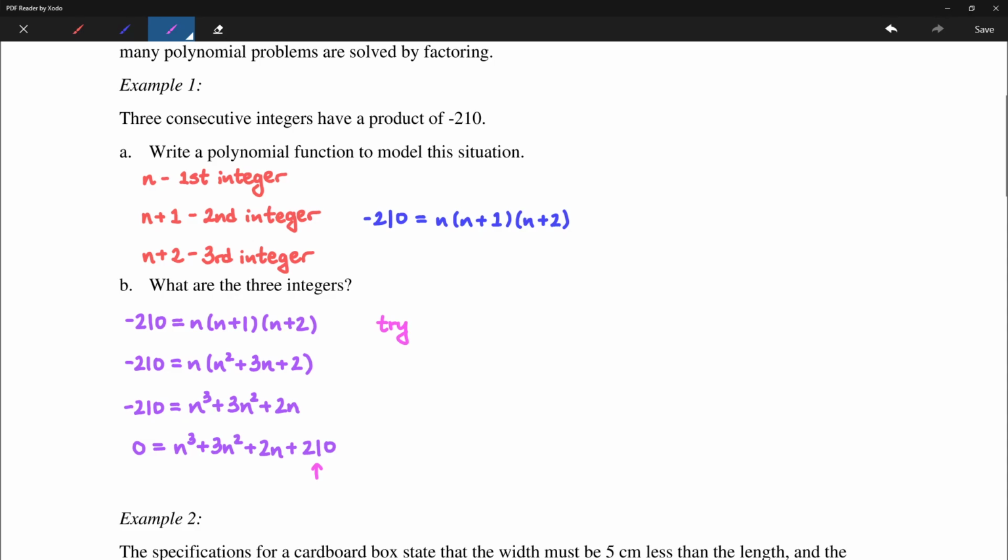To make things go a bit quicker, we're just going to try n plus 7. At the very least, since we know that the 3 consecutive integers have a negative product, the integers themselves must have been negative, at least one of them. Either one of them was negative or all 3 of them were negative.